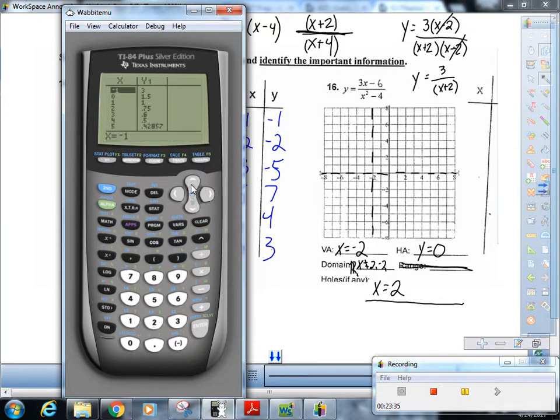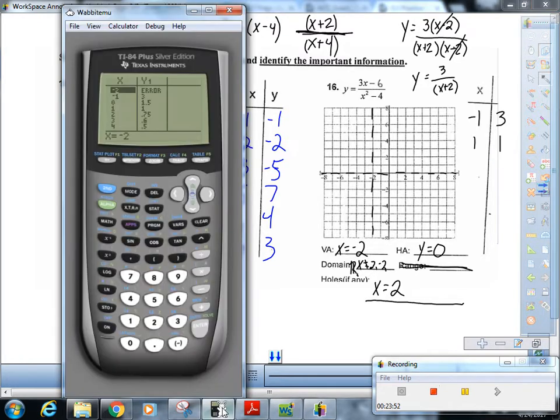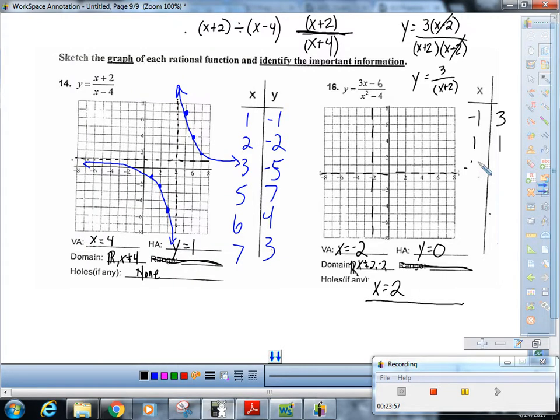Here we go. Negative 1, 3. And 1, 1. And negative 3, negative 3. Negative 5, negative 1.